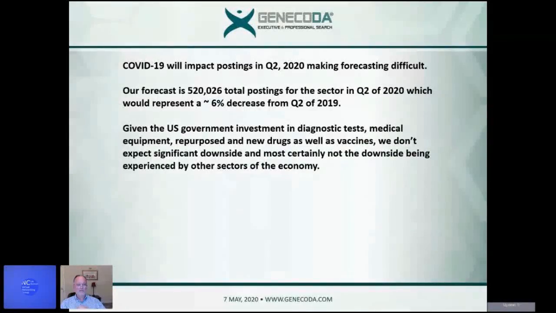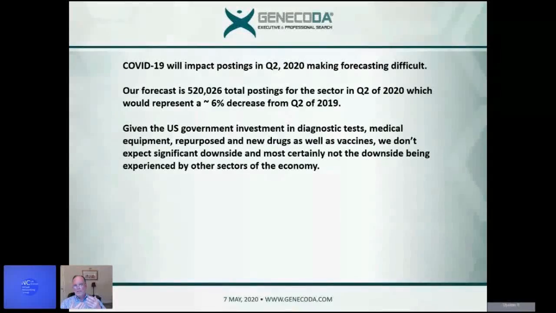But we do put a forecast of about 520,000 total postings for the sector heading into Q2, which, if that number's accurate, would represent about a 6% decrease from the second quarter of last year, the same time frame. We see that more in a single-digit capacity within the range because, as the statement here says, the U.S. government, and of course other governments as well, are investing in various diagnostic tests, medical equipment, repurposed drugs, and new vaccines.